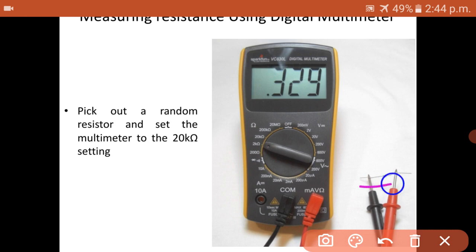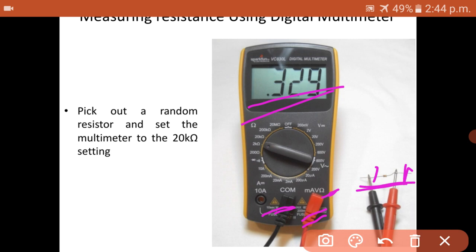This is the resistance. So again we have to connect the black probe to the common and the red probe to the milliampere volt ohm, because we have to measure the resistance, which is in ohms. So the negative is connected to the negative of the resistance and the positive is connected to the positive of the resistance, by which we get this value.